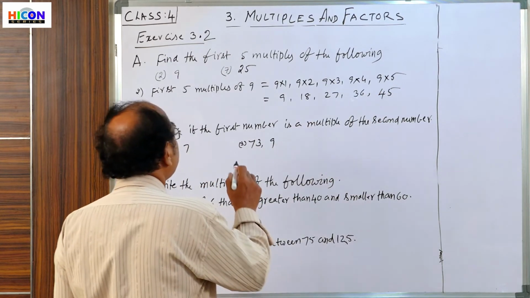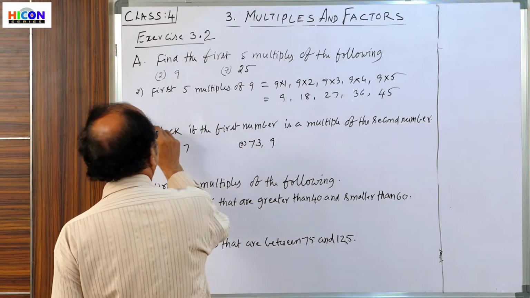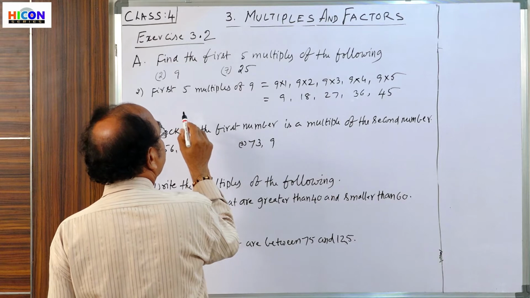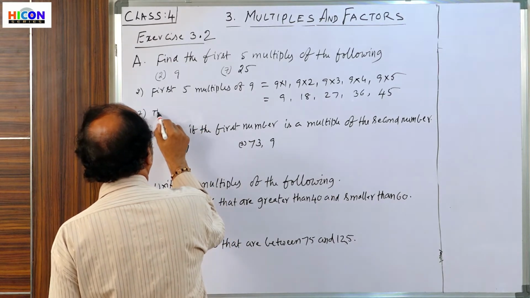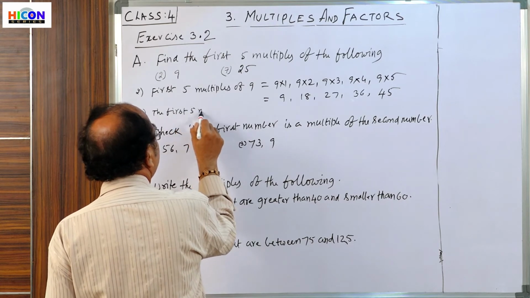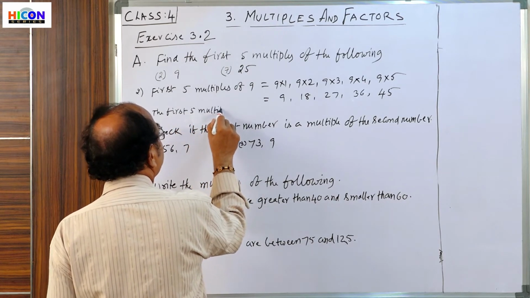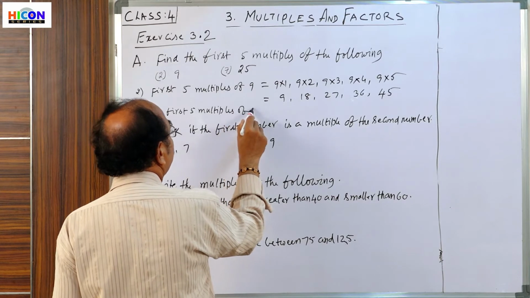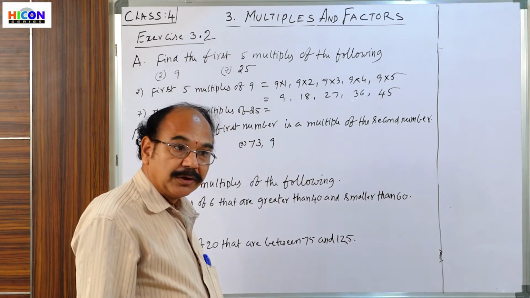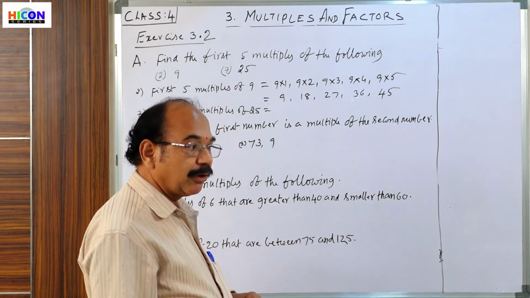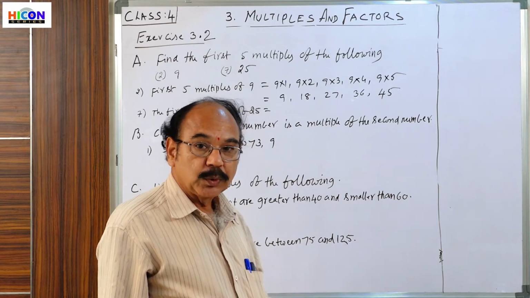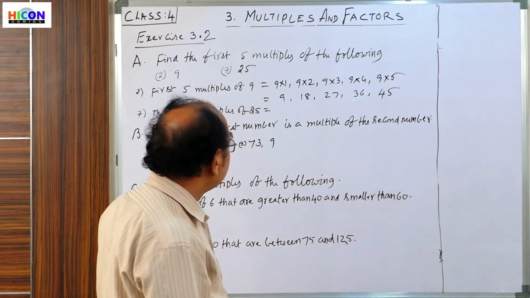Now see the next one: the first 5 multiples of 25. Multiply 25 with 1, 2, 3, 4, 5.